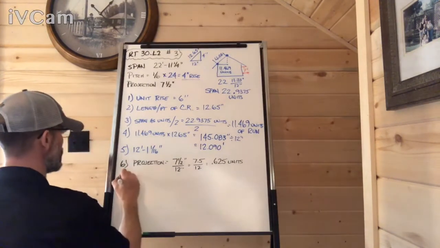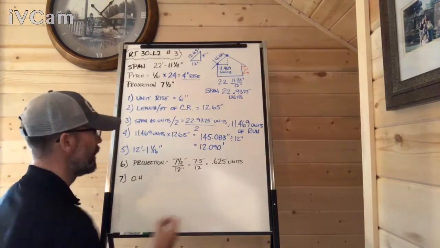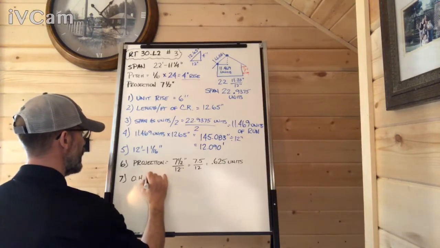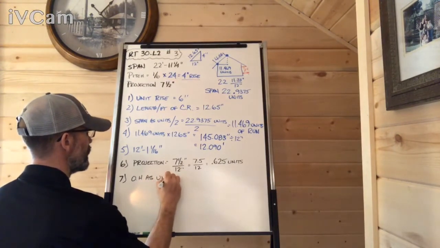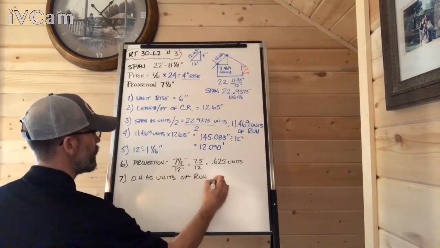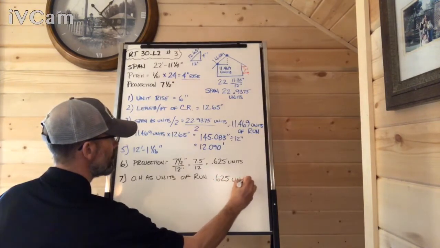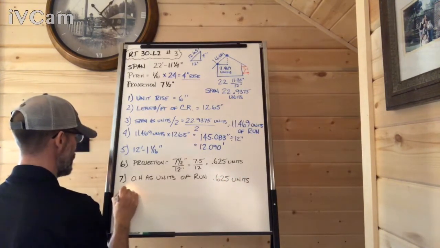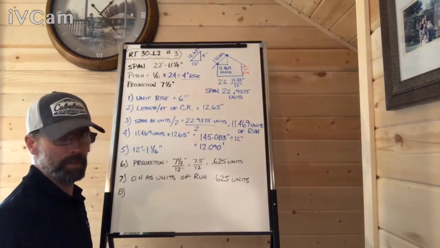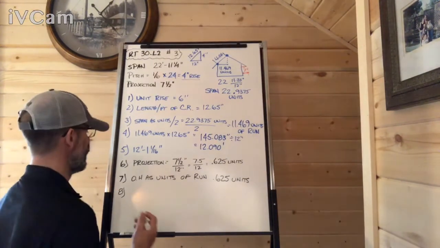Now, overhang as a decimal. Overhang as units of run. It's right there. I already figured it out. Overhang as units of run: 0.625 units. Number 8. Those two almost answer themselves at the same time. Overhang as a decimal, so as a decimal foot.